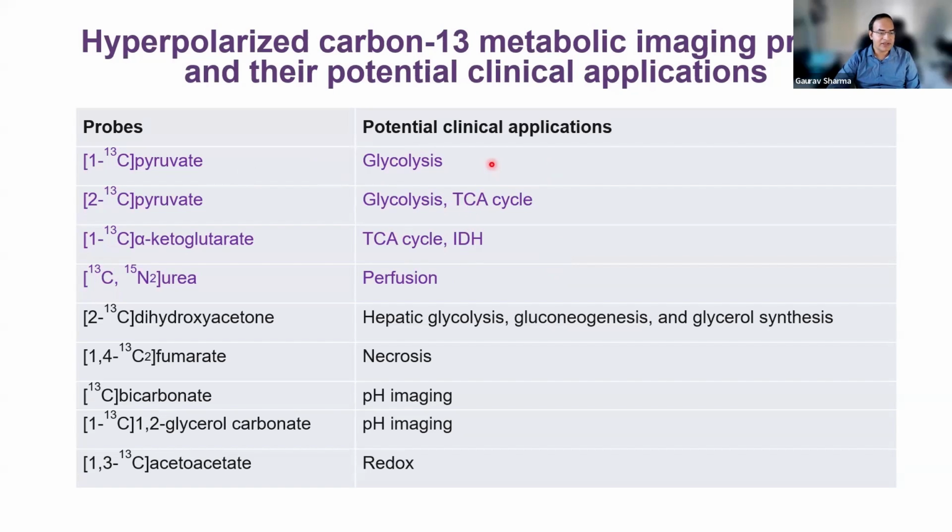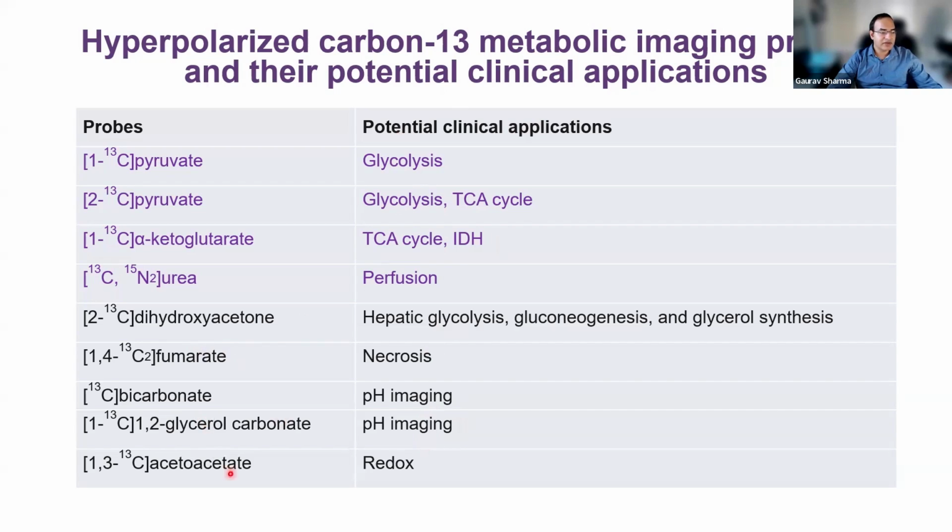Because this is human imaging, we submit for FDA IND approval, and these four are already tested in humans. The rest are currently poised for clinical translation, and they also provide different kinds of information. Their potential clinical applications are on the right side of the screen.